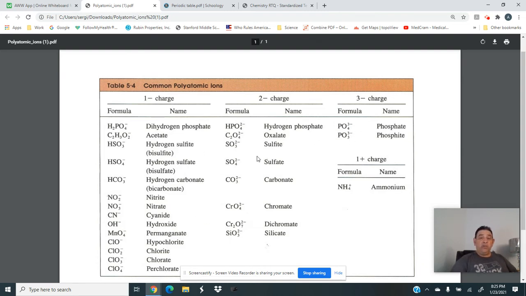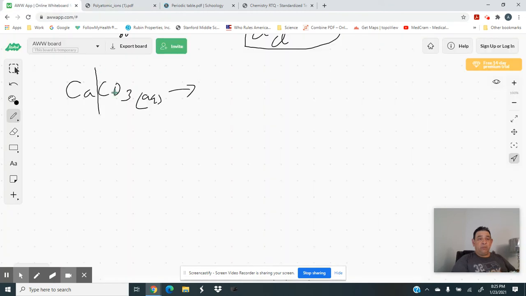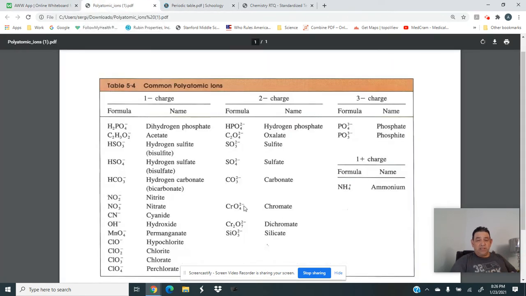They're found all over the place. Notice that the ion we get from breaking this up, CO3, looks familiar. If we go to the polyatomic ion page, CO3 is right here, and it's carbonate with a -2 charge.